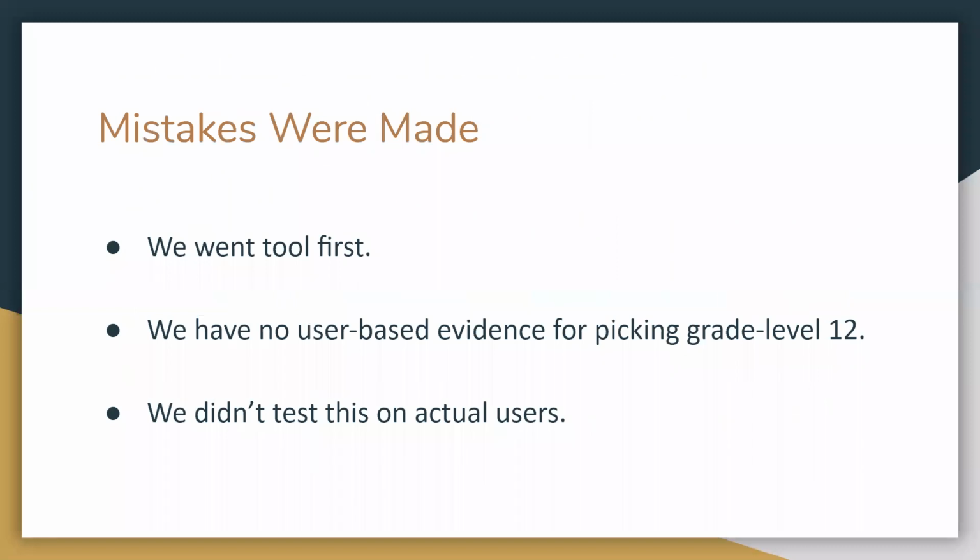A couple of mistakes were made, and I'm using that deliberately, that passive voice construction. We went tool first. We didn't sit around thinking, we have a problem with our pages, because we would have said, oh, our pages are in plain language, because I've worked on them, I've looked at them.